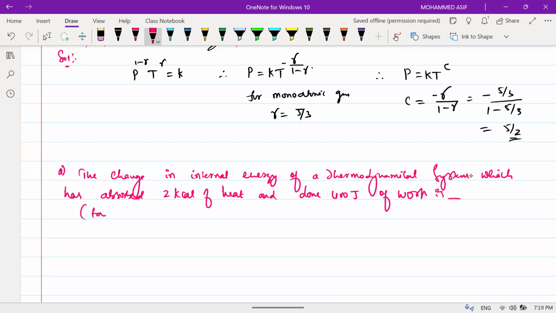In the bracket, you take 1 calorie equals 4.2 joules. First option is 2 kilojoules, second option is 8 kilojoules, third is 3.5 kilojoules, and fourth is 5.5 kilojoules.